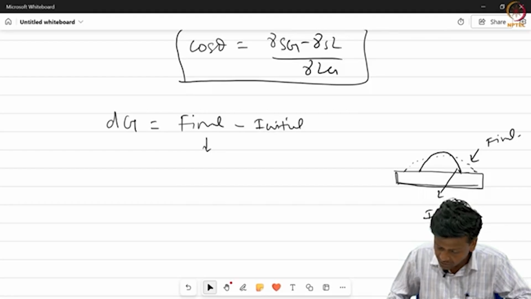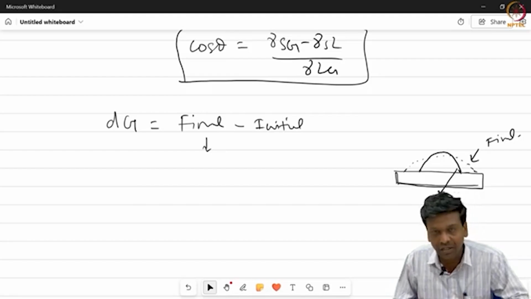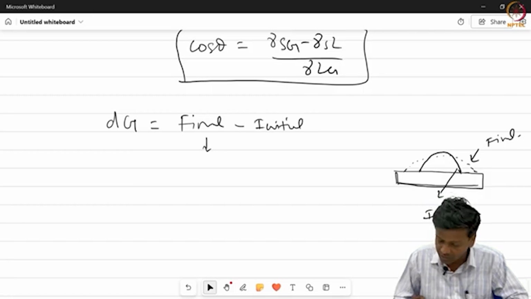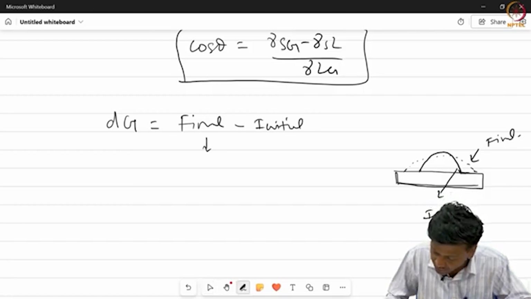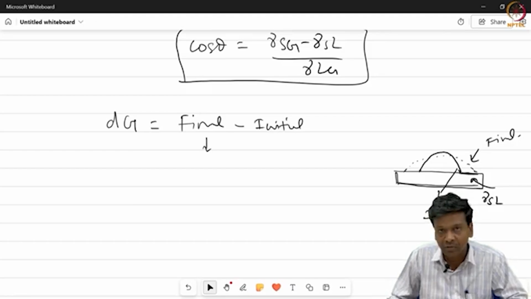Let's assume that this process is spontaneous. Now how we arrive at this equation is what we are going to look at, this alternative way of obtaining the equation. If you look at this surface, it is now covered by gamma SL, which means that previously this was occupied by gamma SG.